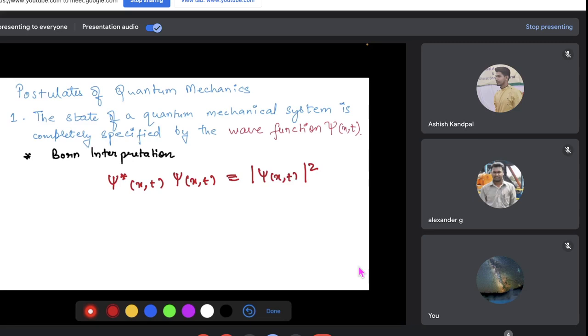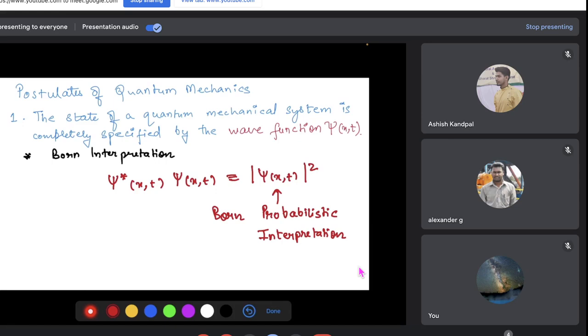So this is what we call the Born probabilistic interpretation. It says that the wave function, which contains all the information, although it itself does not have a physical meaning, when psi star is multiplied with psi, gives the mod square of wave function psi.